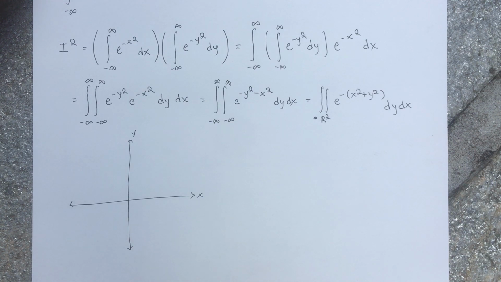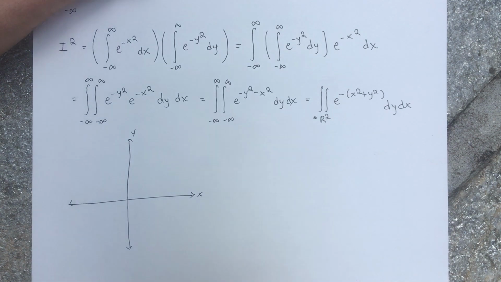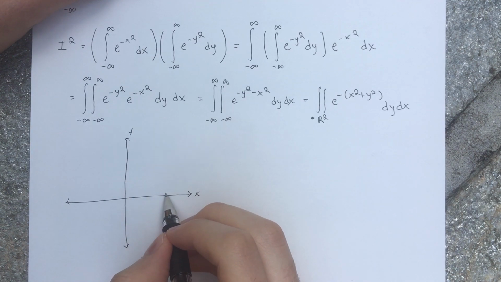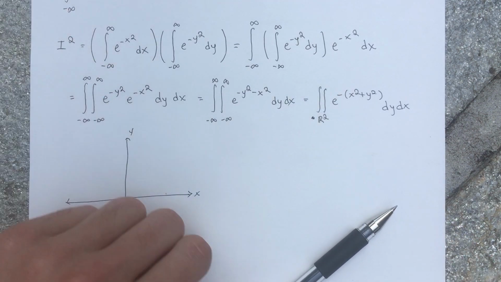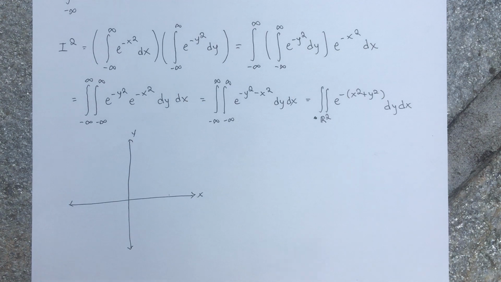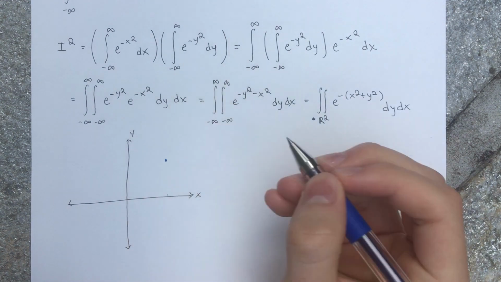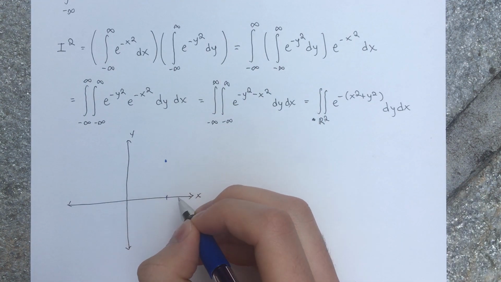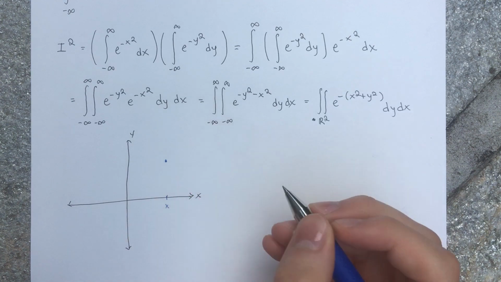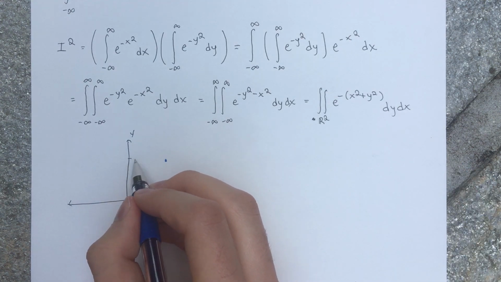Well, if you remember the last video, we proved the Pythagorean theorem. And x squared plus y squared, if we have x here, let me write this in a different color. Let's say we have a point. Well, its x is this. That's its x value, x coordinate, and here's its y coordinate.